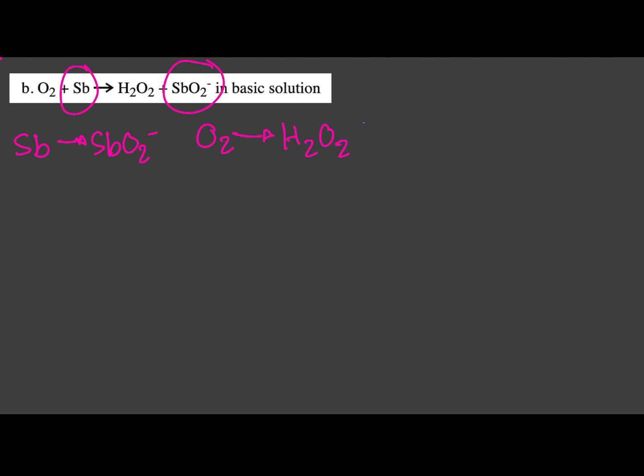Let me space these out a little bit, and we will start with the Sb half reaction. The first step is to make sure that we have the same amount of the key element on both sides, so anything besides O and H. In this case, that would be Sb. We have the same amount on each side, one Sb on the reactant side and one on the products, so we're good on that front. The next step is to balance out the O's.